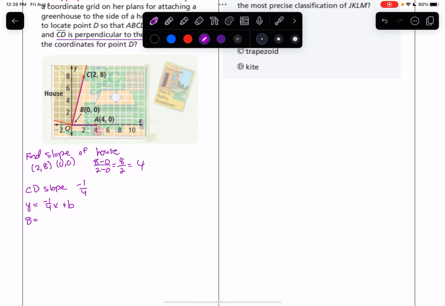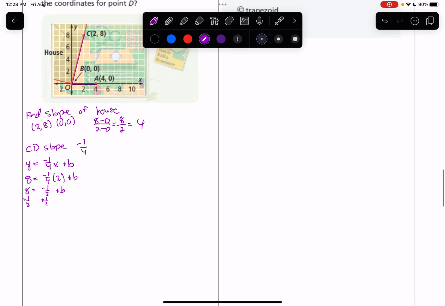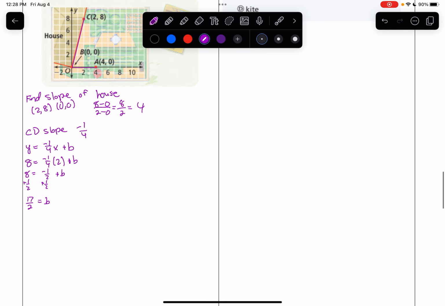So 8 equals negative 1/4 times 2 plus b. So 8 equals negative 1/2 plus b. Add 1/2 to both sides. We'll use mixed numbers here. So 8 is the same thing as 16 halves plus 1/2 is 17 halves. That's our b value. So the equation for CD is going to be y equals negative 1/4 x plus 17 halves.